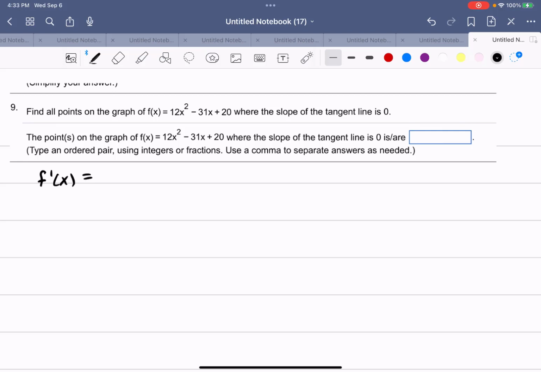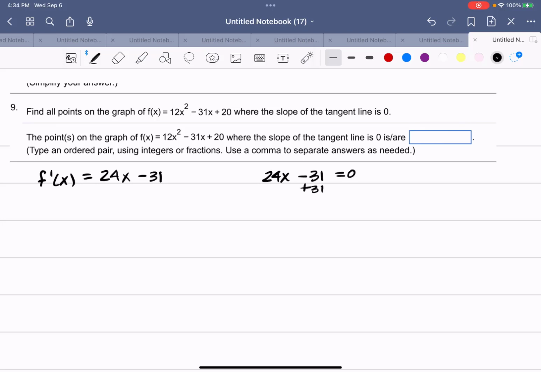And that's going to give us 24x, because it's power times coefficient or constant, that's 24, and then 2 minus 1 is x to the 1, and then minus 31. So we set this equal to 0, 24x minus 31 equal to 0.